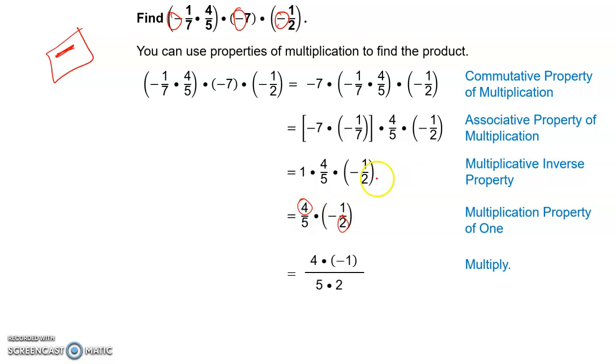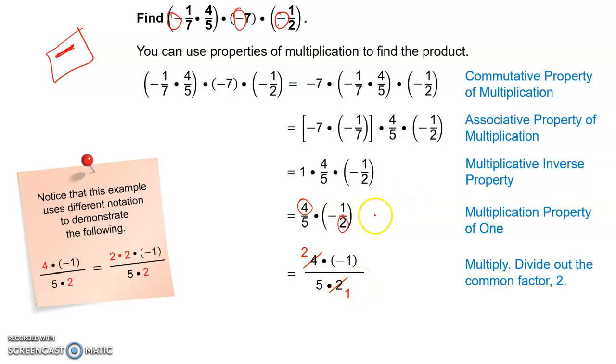So if you take out a 2, cross it. Now we multiply 2 times 1 and 5 times 1, and we end up with negative 2/5. I like to write it this way. So again, always make sure you know what sign your answer is going to be.